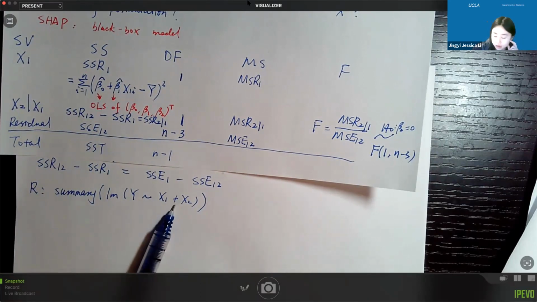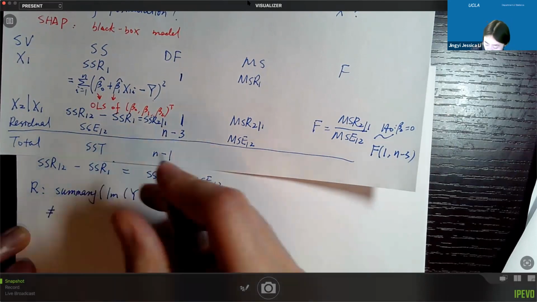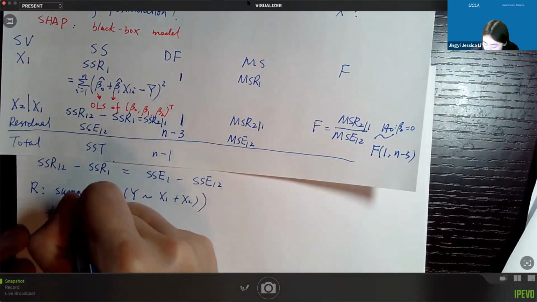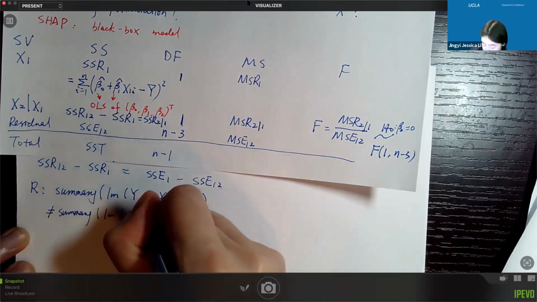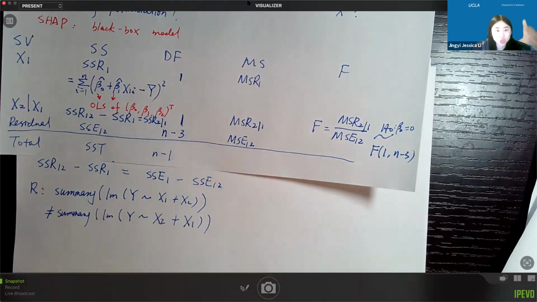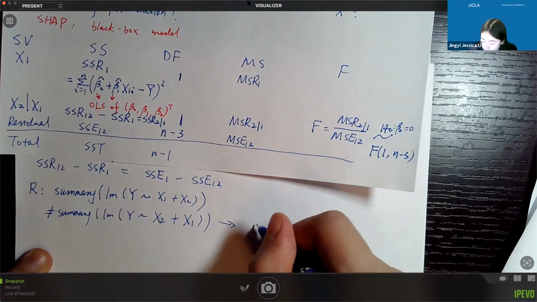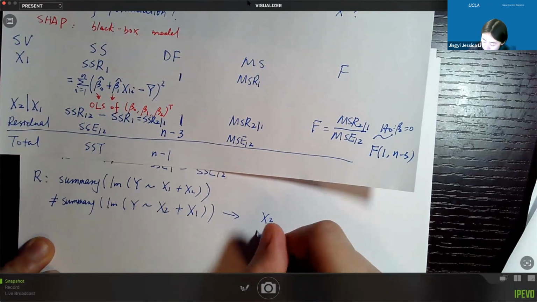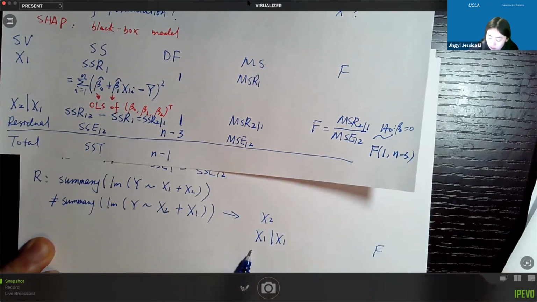In R, if you do this, it will not be the same as if you still do summary, but put x2 before x1. If you do that, you will get two different hierarchical ANOVAs. Because for the latter, your hierarchical ANOVA will be x2 first, and then x1 given x2. And the F statistic is about the additional contribution of x1.